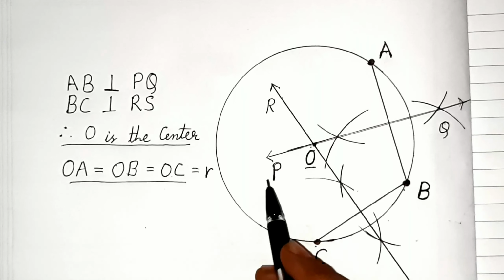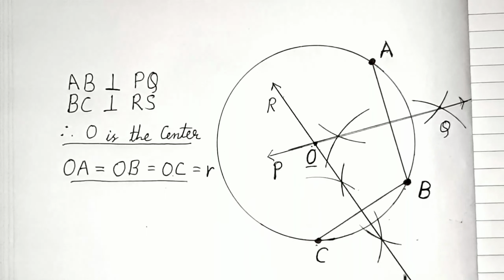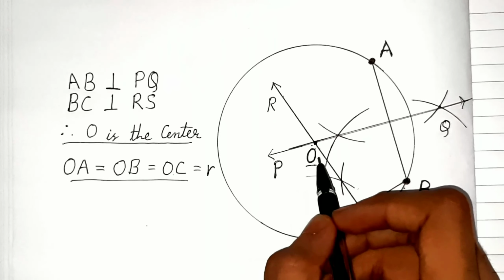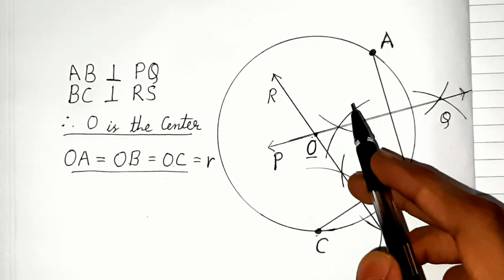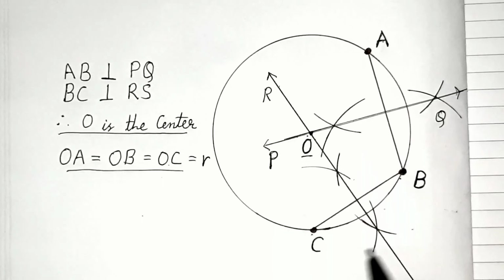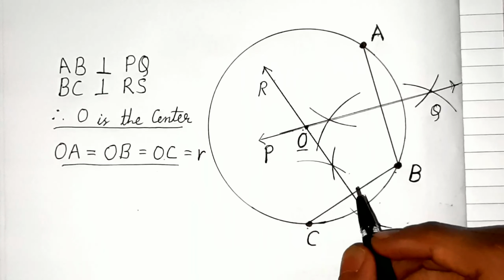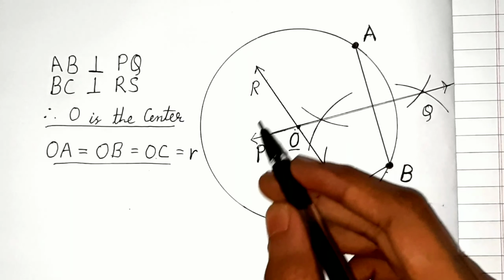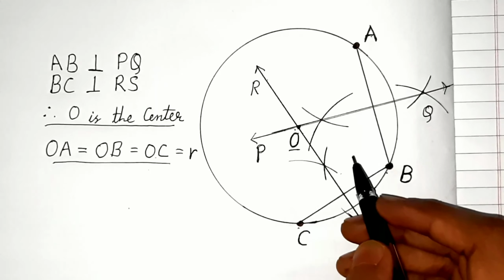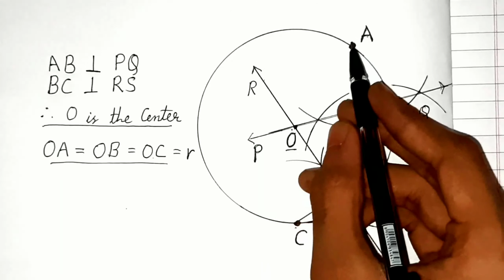And as we know that there is only one point where two lines can intersect, and over here it is point O. So over here our O would be our Z. That means our center would remain the same if we try to create another circle.